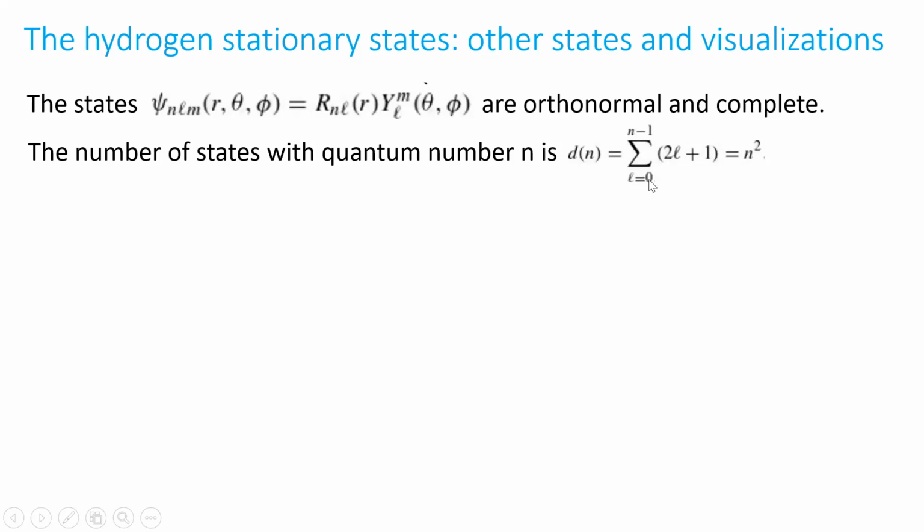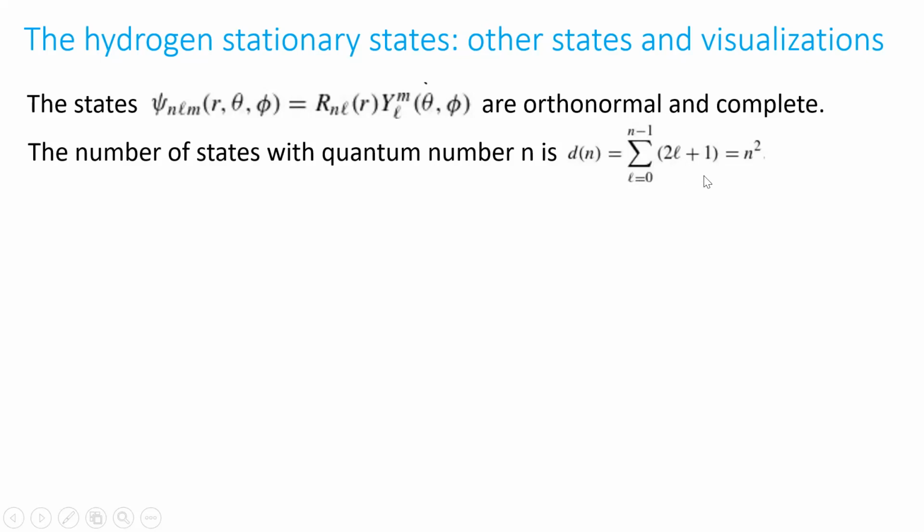So we have the sum from L equals 0 to n minus 1 of 2L plus 1. So that's all the possible L states and all the possible m states associated with a given quantum number n, according to the rules that we've laid out before.